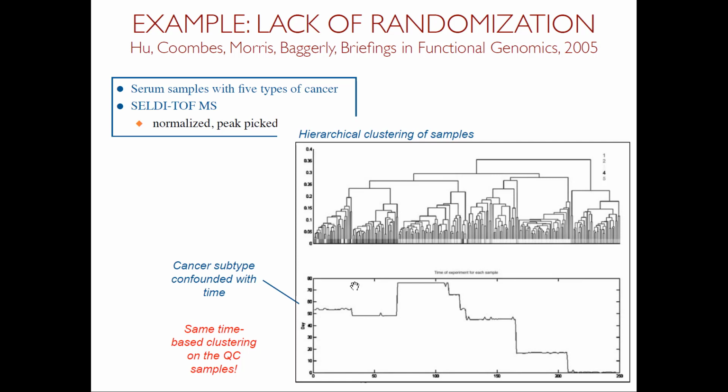And you see that these clusters correspond perfectly to the time of data collection, as opposed to the biology. Now, it turned out that the first 2 batches were one type of cancer, and the next batches were another type of cancer. So this is a wasted experiment. These statisticians published several examples of studies which failed like that for reasons of design, so that we can learn from that.